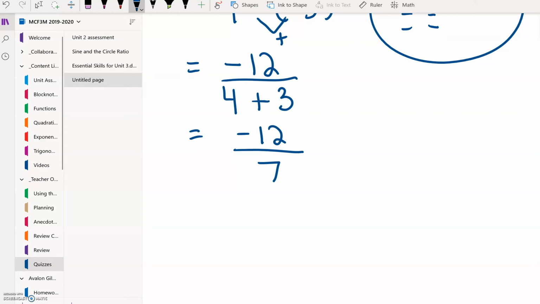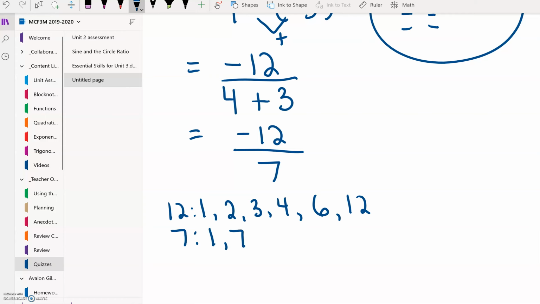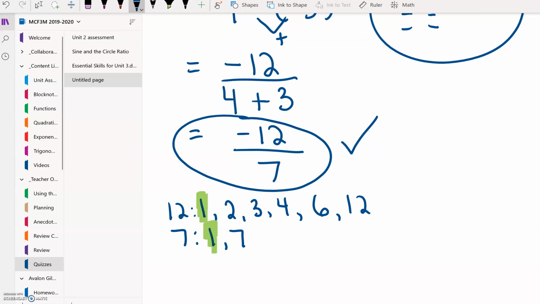So 12 can be divided by 1, 2, 3, 4, 6, and then 12. 7 can only be divided by 1 and 7. So in this case, 1 is the only number that matches for both. But if I divide by 1, it won't change my answer. So -12 over 7 is the final answer for this question.